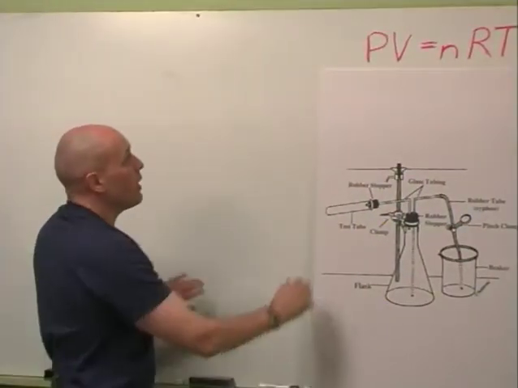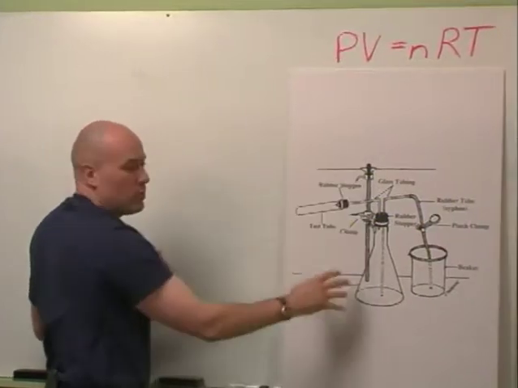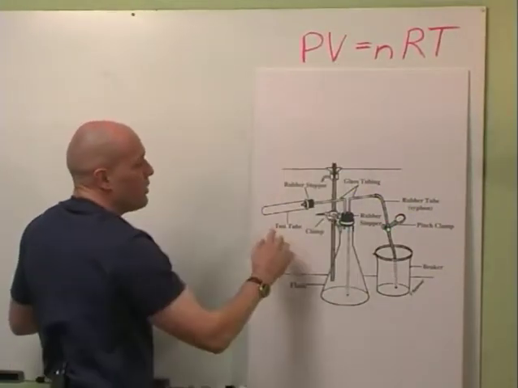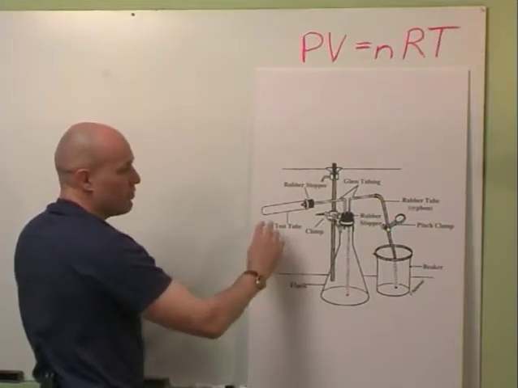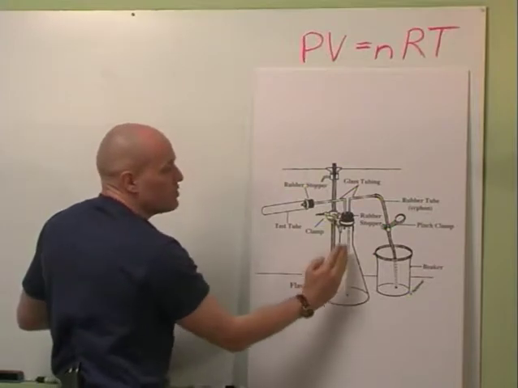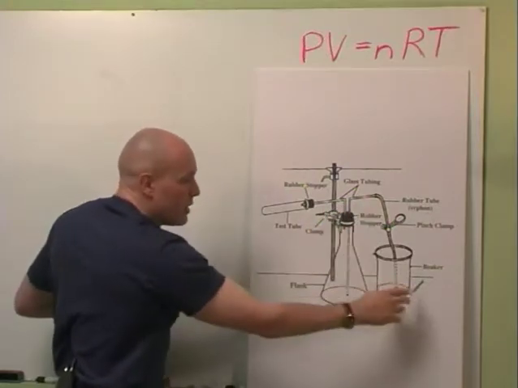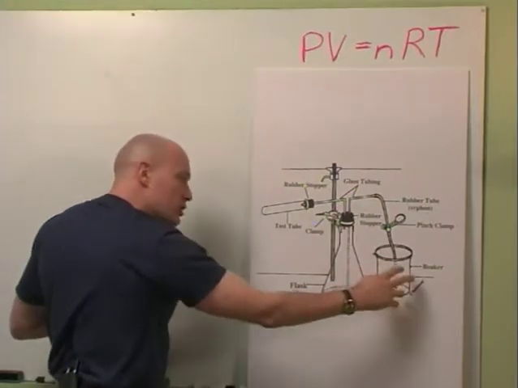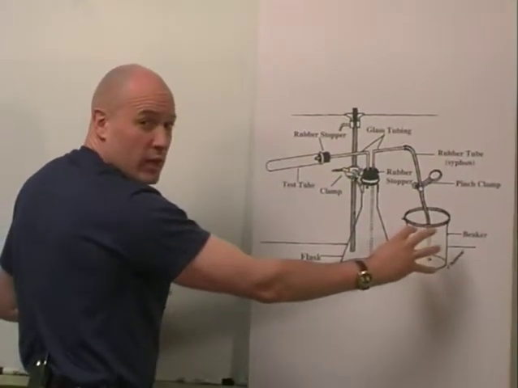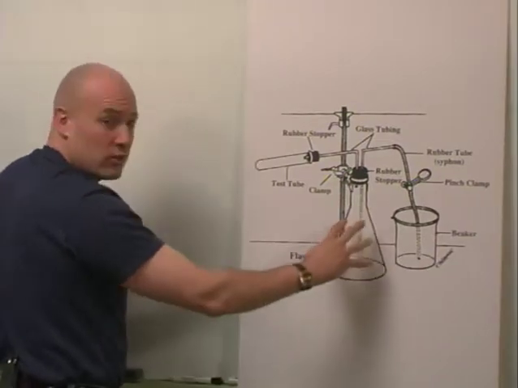All right, how do they find pressure? Pressure is going to be the room pressure. Volume: they run this chemical reaction, and they're pumping oxygen gas into this flask, and it's displacing a fluid, in this case water, into this beaker. They weigh the beaker and use density to find the volume of fluid displaced, which will be equal to the volume of gas produced.